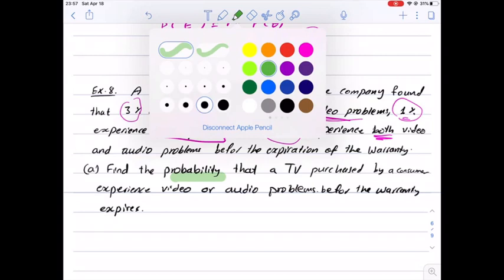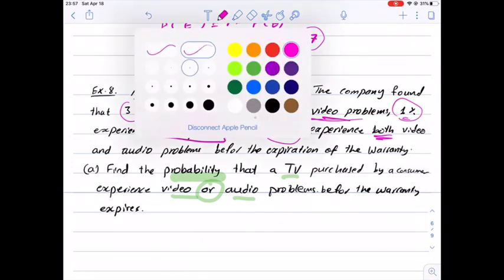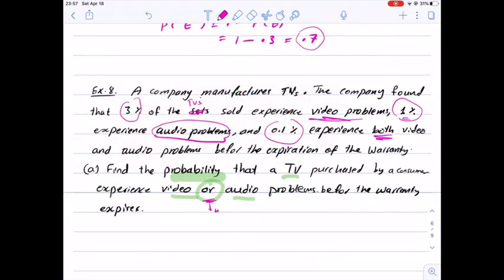We want first to find the probability that a TV purchased by a consumer experiences video or audio problems. And as we mentioned before, or means union. This is a clue for union.